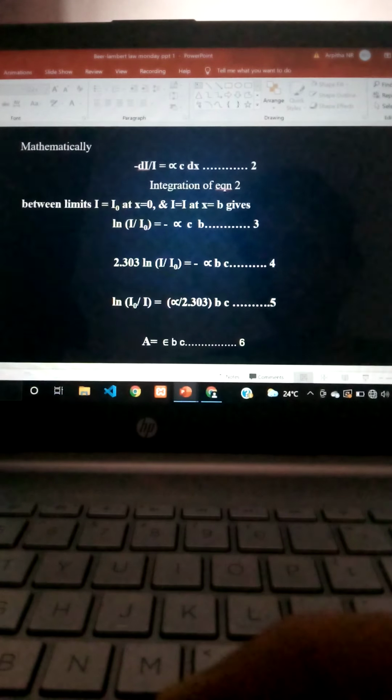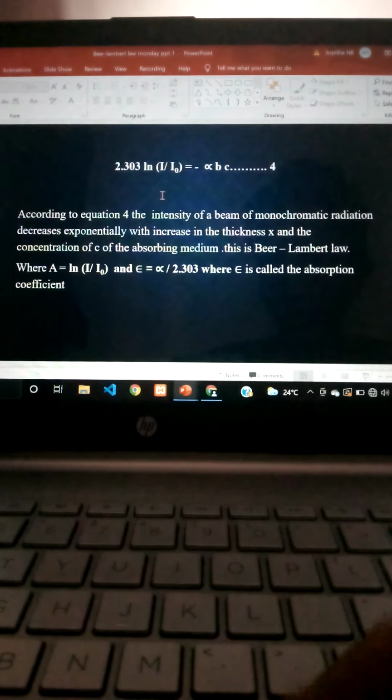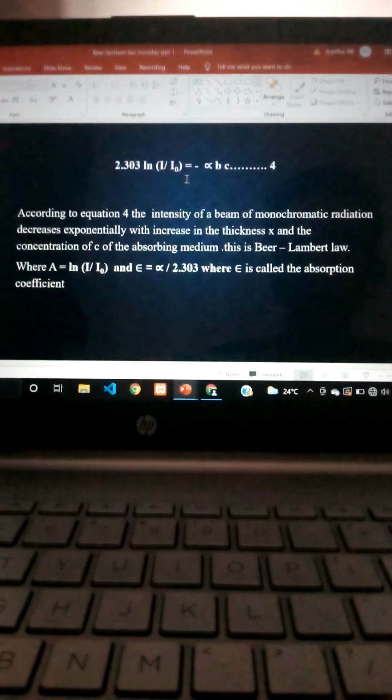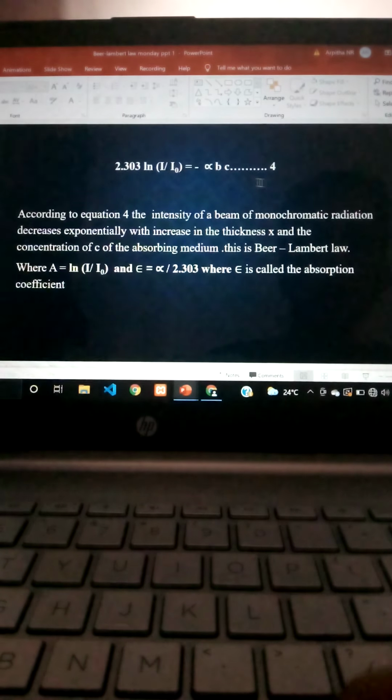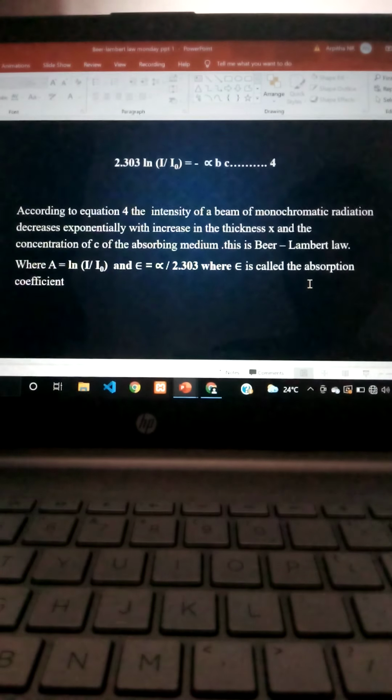This equation 6 refers to the Beer-Lambert's law. Next consider equation 4. Observe this equation carefully. Equation 4 is given as 2.303 log I by I naught is equal to minus alpha b into c. According to equation 4, the intensity of the beam of monochromatic radiation decreases exponentially with increase in the thickness and the concentration C of the absorbing medium.